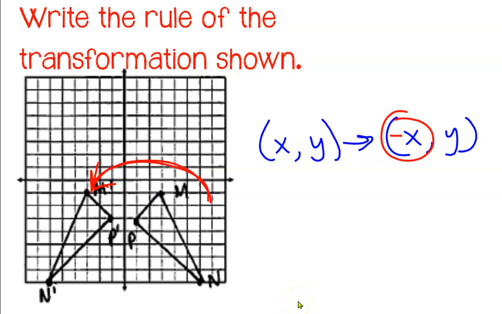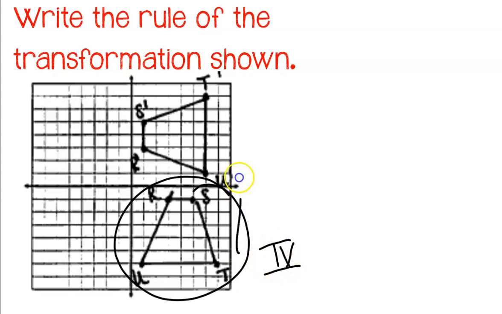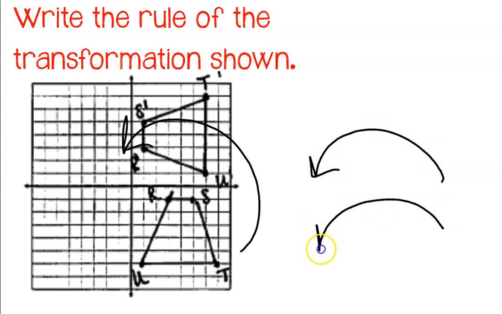Let's try writing a math rule for a rotation. So here's a look at a quadrilateral RSTU. RSTU looks like it starts in the lower quadrant number 4, and then it somehow moves up and goes over to quadrant number 1. So it looks like I'm going this way. And if you know anything about rotation, this way is counterclockwise.